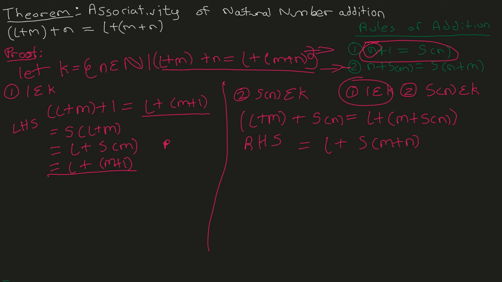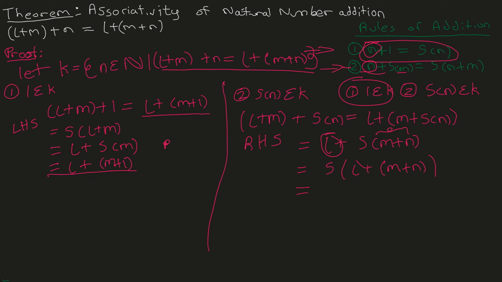Remember this from the second rule of addition, which in turn is the same as S(L + (M + N)). Also, this is from the second property of addition. We're taking the whole M + N term as one term, so we're replacing n with M + N, and m with L. That's how we get here.